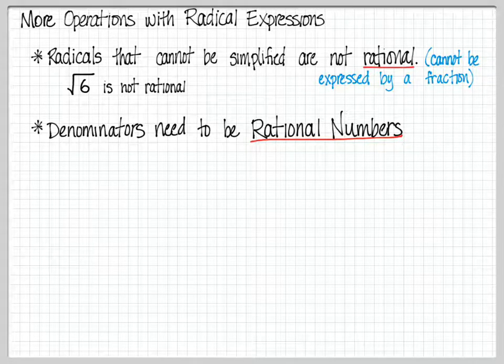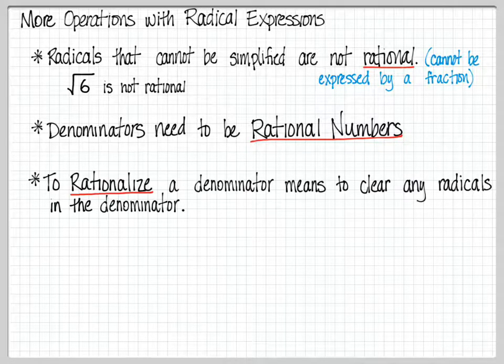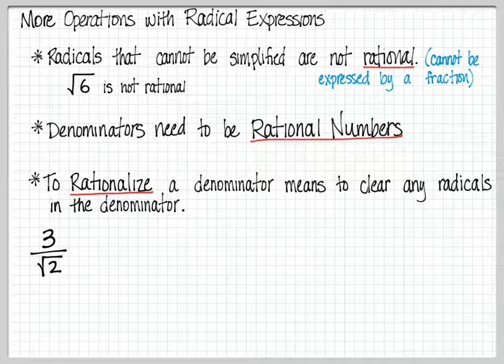Denominators always need to be rational numbers. If they're not, it's bad. It's considered bad form. So when we say to rationalize a denominator, it means that we need to clear any radicals that are in that denominator because they wouldn't be rational numbers. So in this case, I've got 3 divided by the square root of 2.